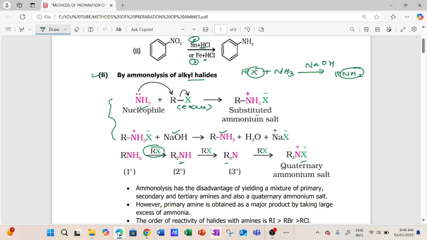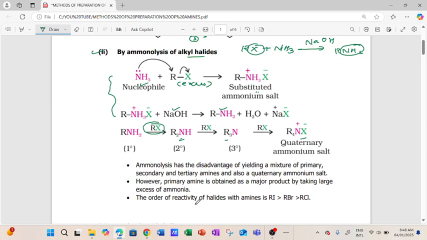To avoid this mixture and prepare only primary amine, instead of taking RX in excess, you have to take ammonia in excess. So the reaction will stop here. No further reaction will take place. That is how you can stop the preparation of mixtures of amines.